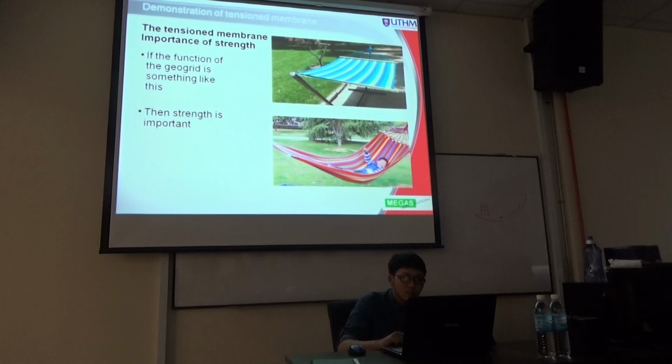So, for example, if this one represents the geogrid or the geosynthetic material that we put under the road, and this boy represents a tire of the vehicle, when we apply load from here to here, you can see it starts to elongate, so that it mobilizes the forces, it mobilizes the tensile strength to support the weight of this boy.